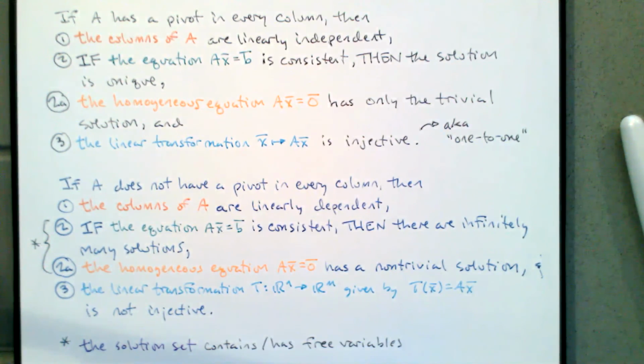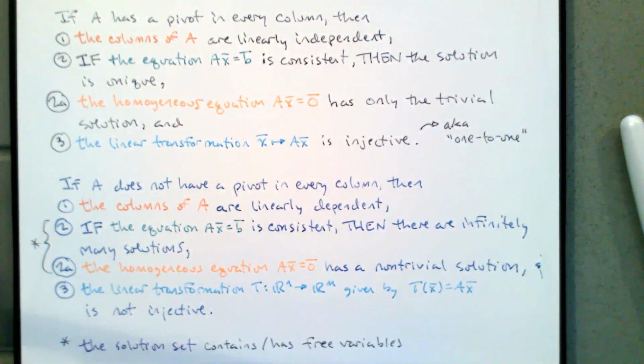Notice that when we're talking about pivots in columns, span doesn't come up. We don't have anything about existence of solutions, span. We're talking about independence and uniqueness and injective. When we were talking about rows, we weren't talking about independence, we weren't talking about uniqueness, we weren't talking about injective. We were talking about span, existence of solutions, consistent equations, and surjective.